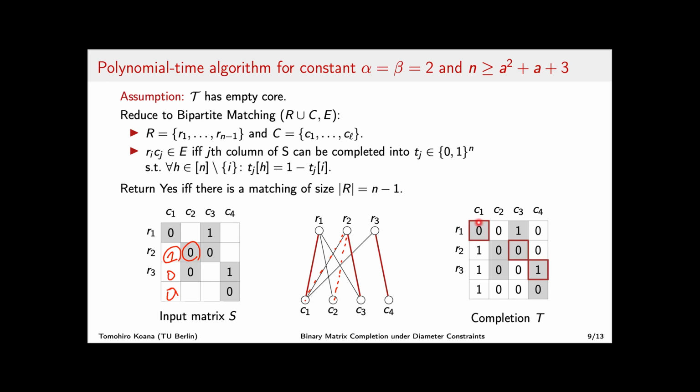So for instance, if you look at the first column, this entry here is distinct from all other entries in the same column. So this is the basic idea for the algorithm.